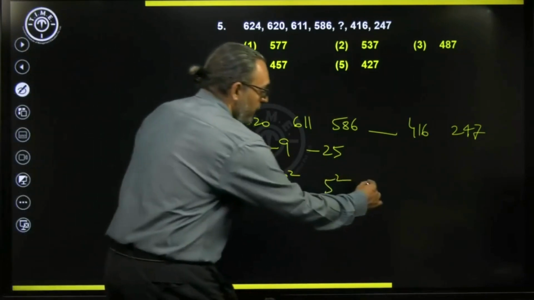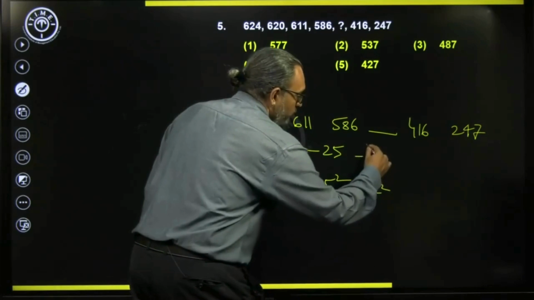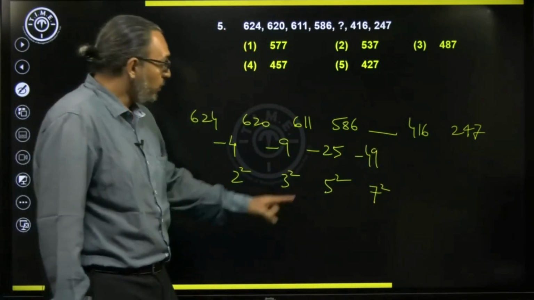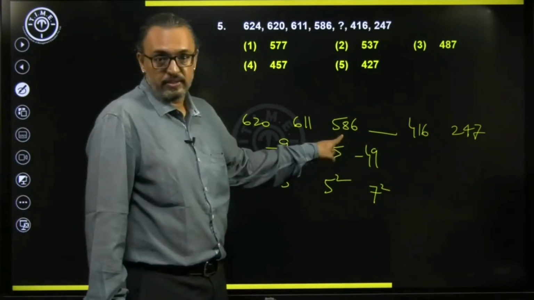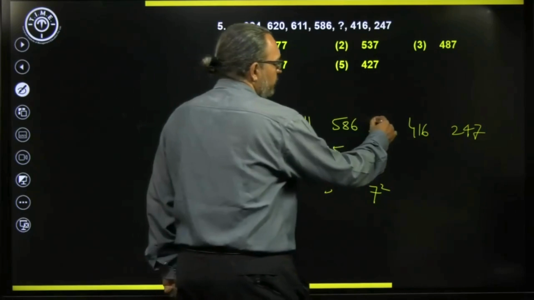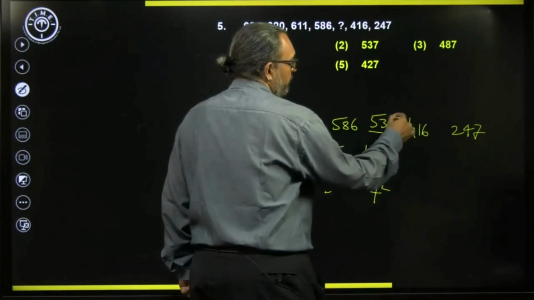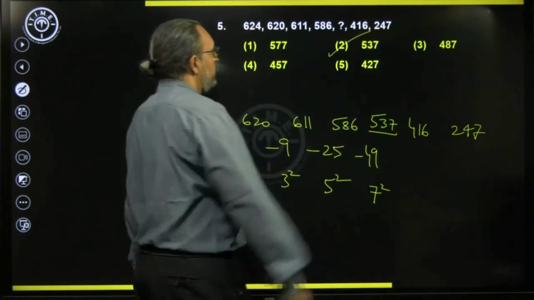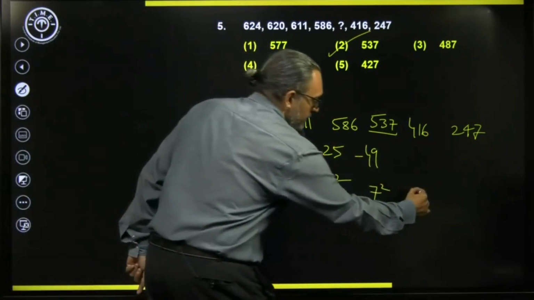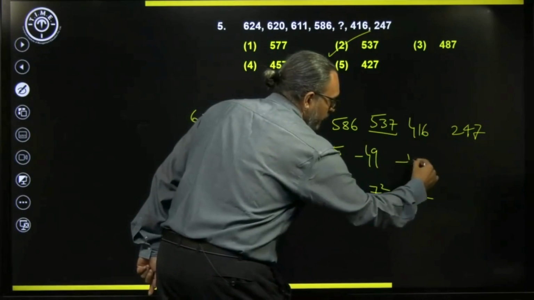So the next I have to do what? 7 square, means I have to subtract 49 from it. Now if I subtract 50 from this, I get 536. So 1 less than 50, I'll get 537, and that is available in choice 2. So the next is 11 square, means negative 121.